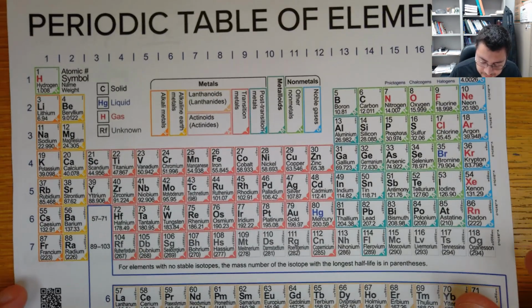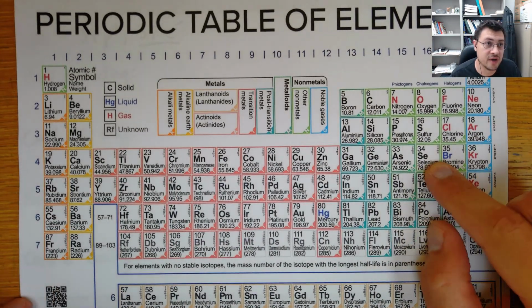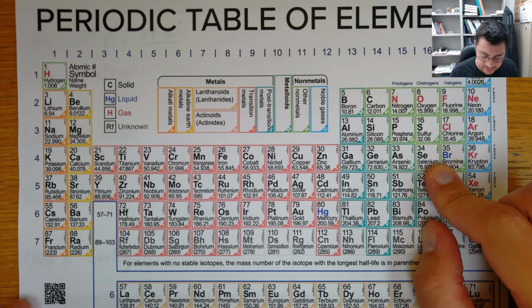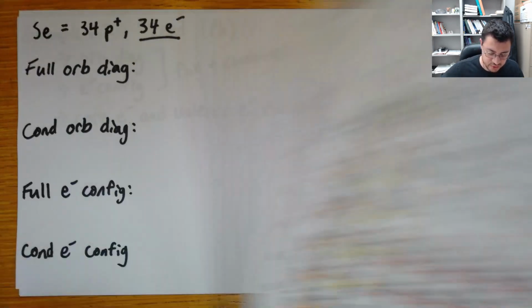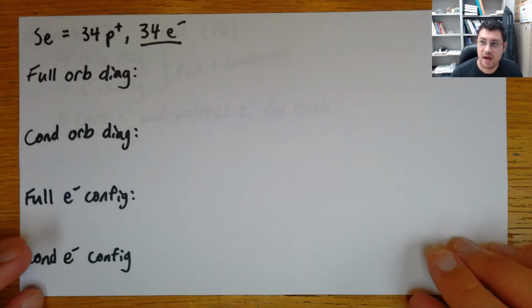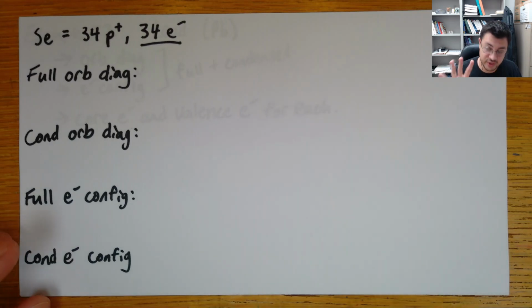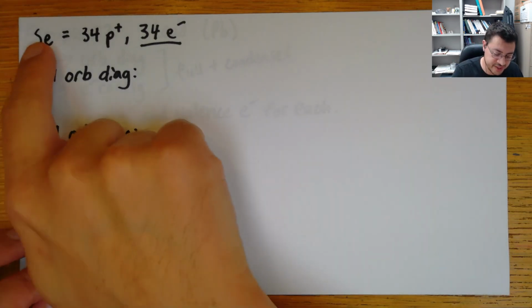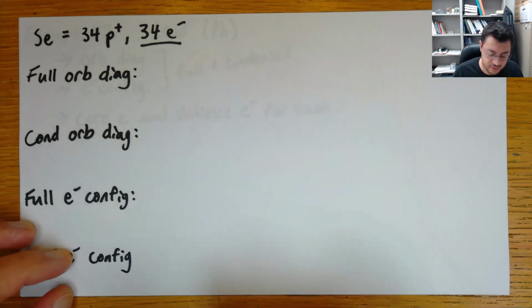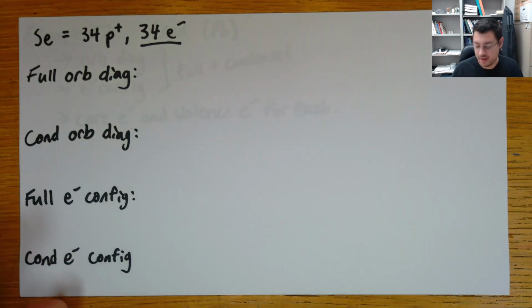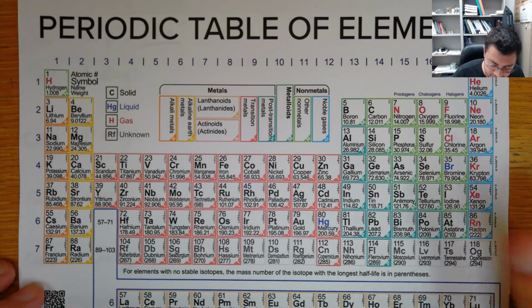Selenium is number 34 on the periodic table, in its neutral state; ions will be a different video. We're doing neutral stuff today. So for neutral selenium, 34 protons, 34 electrons. Let's go ahead and do this. I like to just follow the periodic table at first.